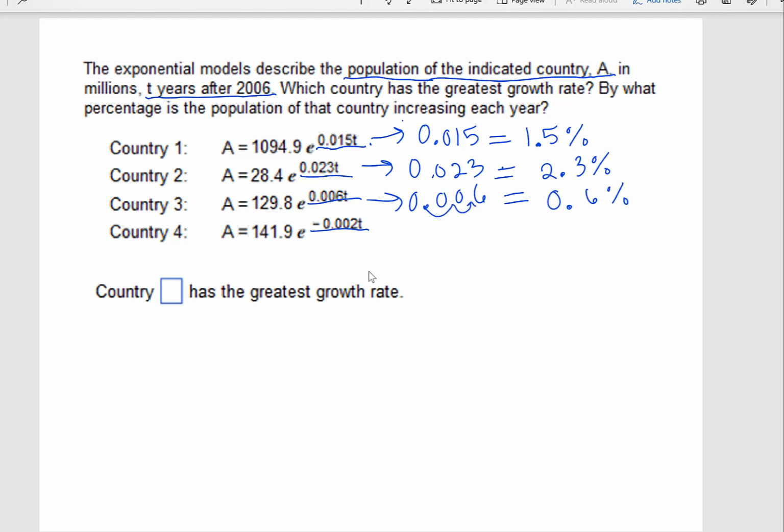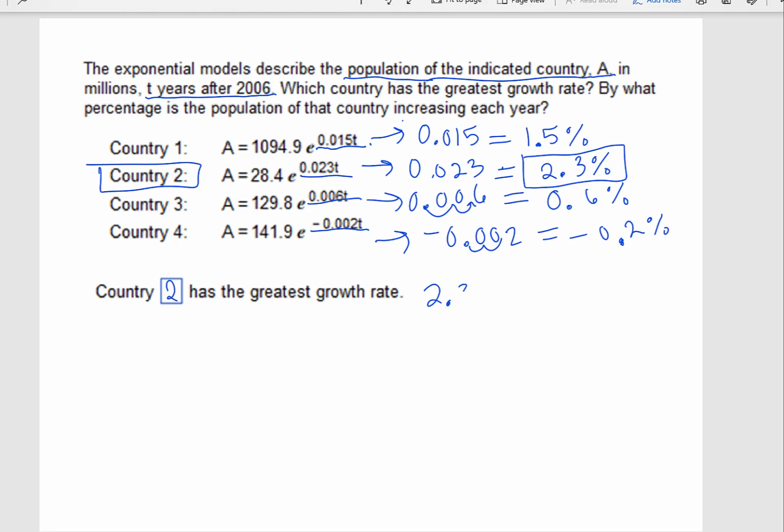And this decimal came over two places to change it into a percent. And then the last one is actually decreasing. So when we compare all these percentages, we see that 2.3% is the greatest, so it's country 2. And it's increasing by 2.3% each year.